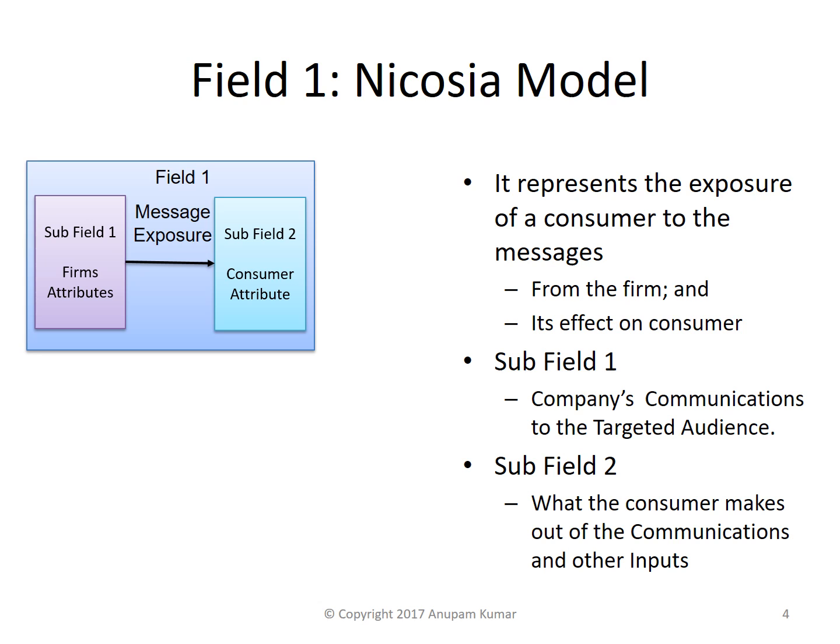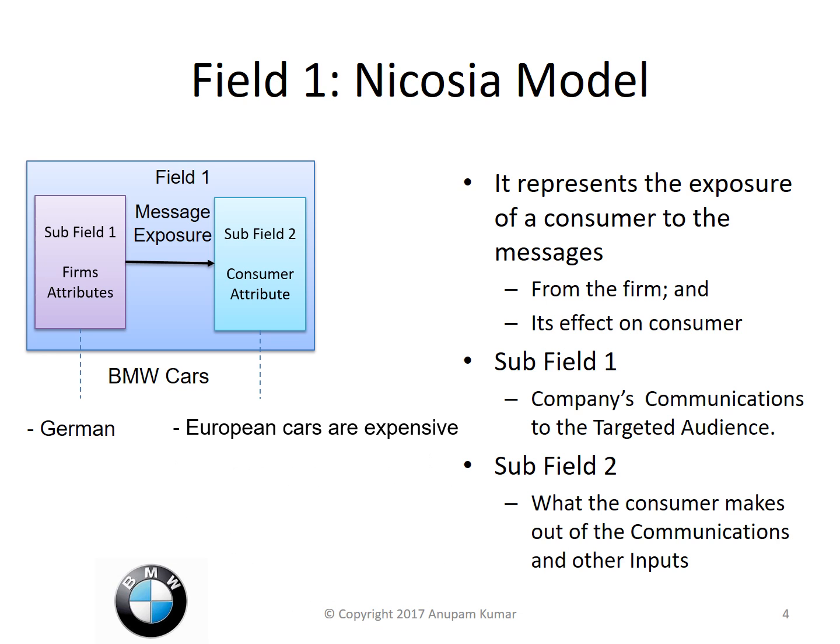Let us assume that the consumer is looking to purchase a new car, and the first exposure which he gets is that of BMW. So when it comes to BMW in terms of cars, the firm's attribute could be that it is a German car, which might mean that European cars are expensive.